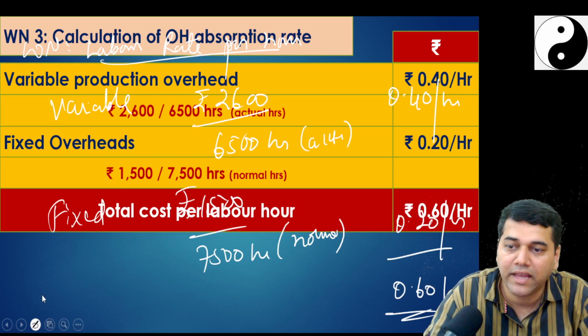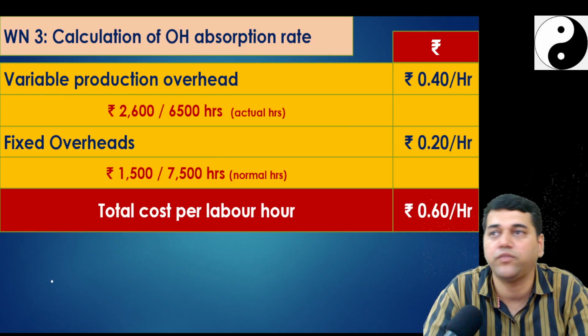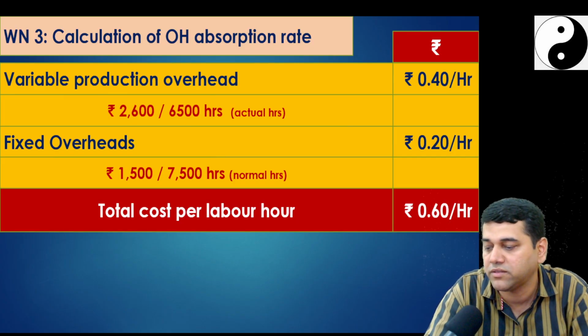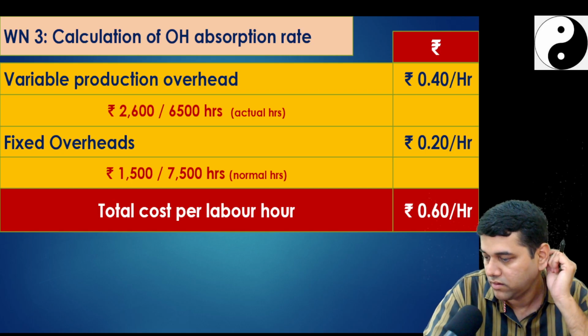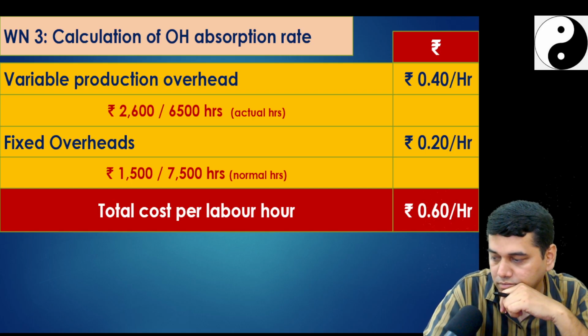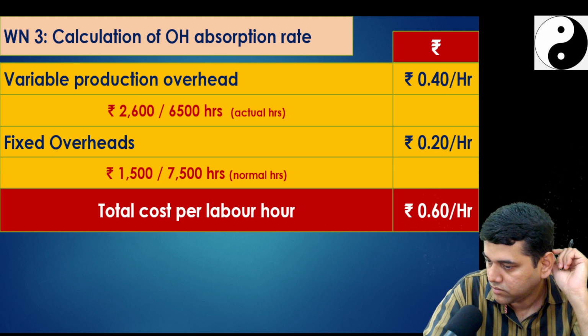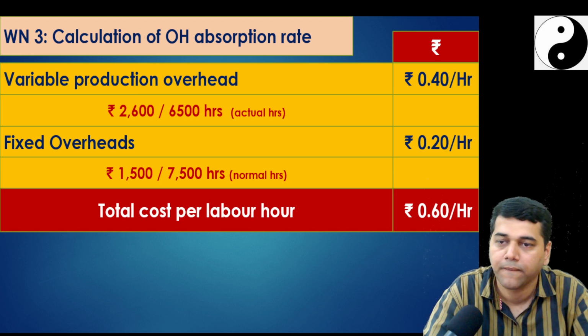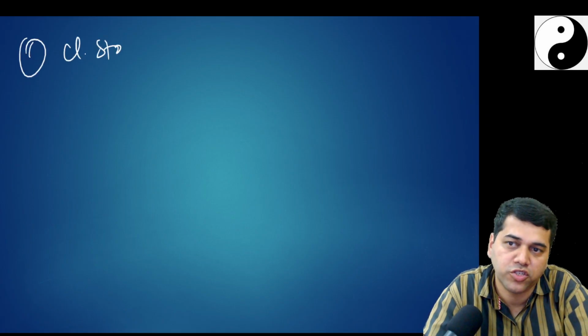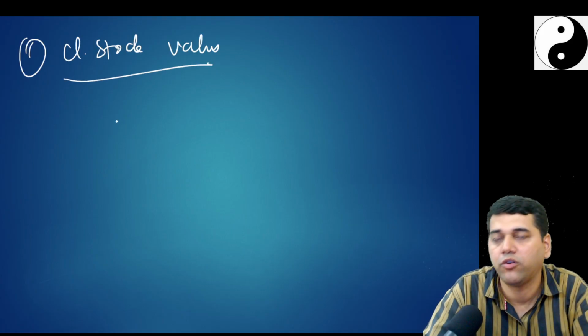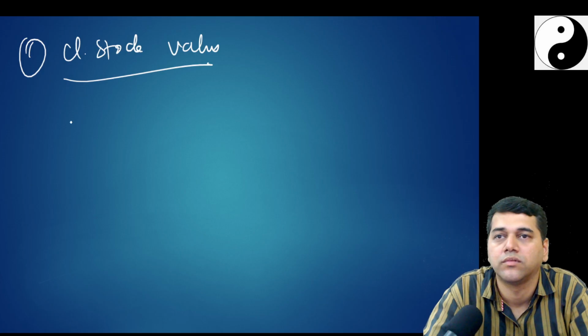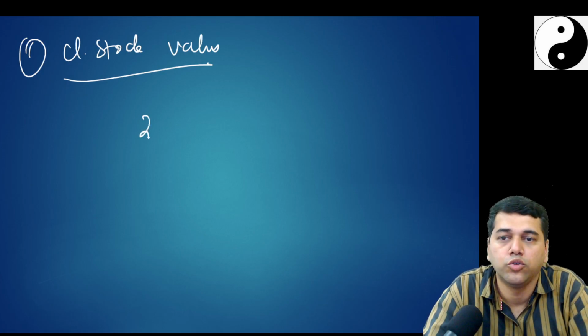Yes, now with these three working notes, we have got all the required information with us. One, valuation of the closing stock. See how much closing stock you have got. 2300 units.